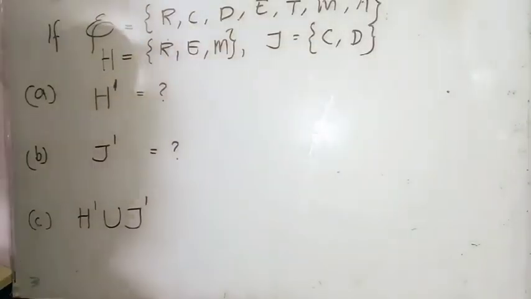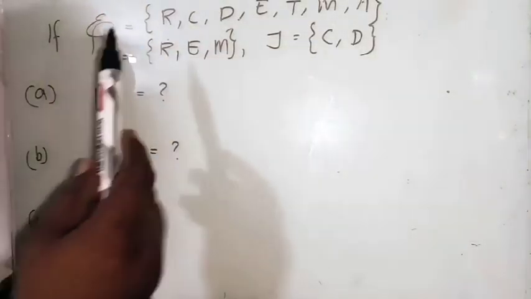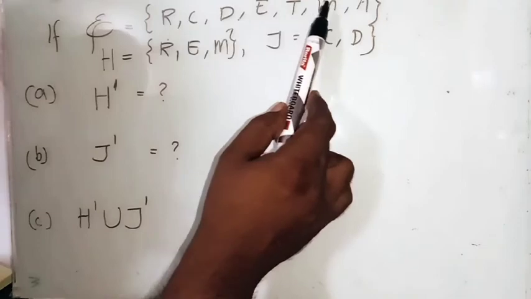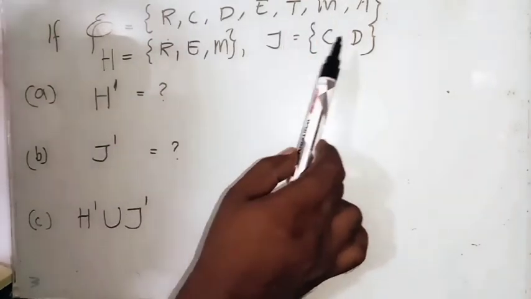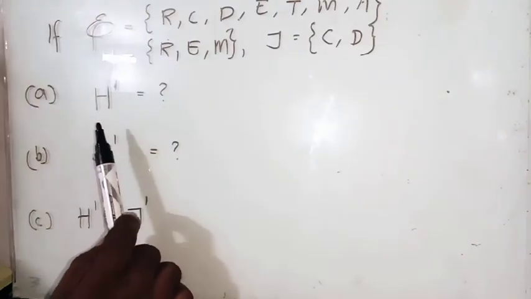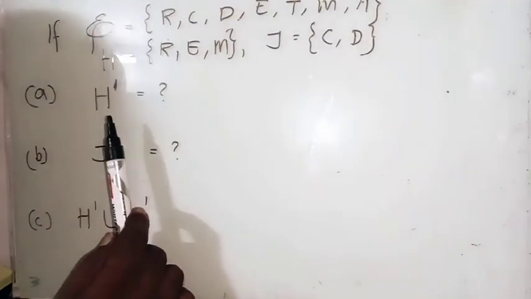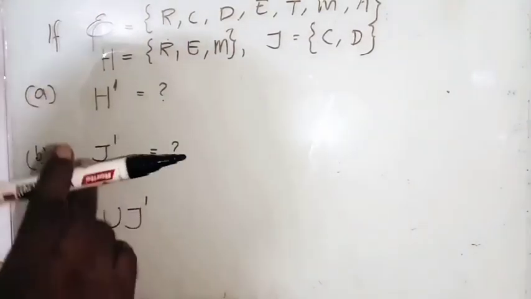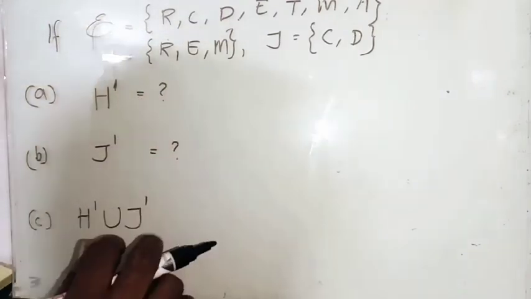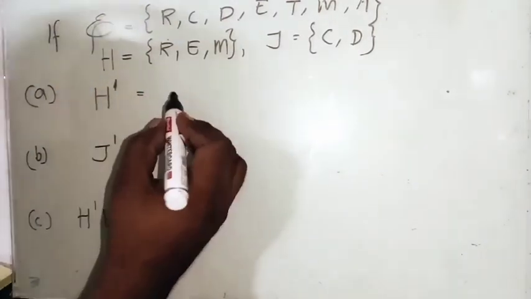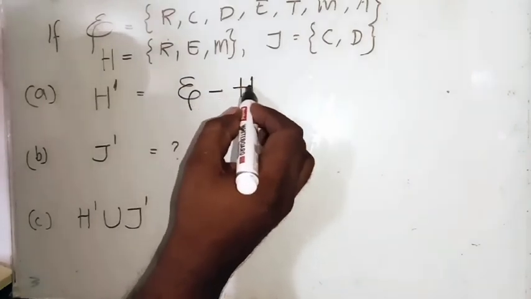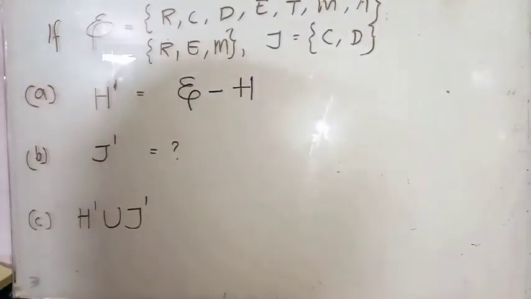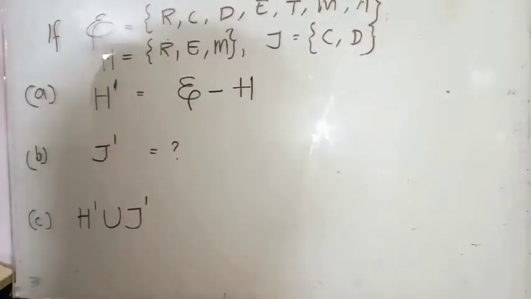Question. If the universal set is set R, C, D, E, T, M, A, and H is set R, E, M, and J is set C, D. The first question is to find H dash, that means the complement of H. You know what H complement is? It's nothing but mu minus H, universal set minus H. Just recall the definition of complement.